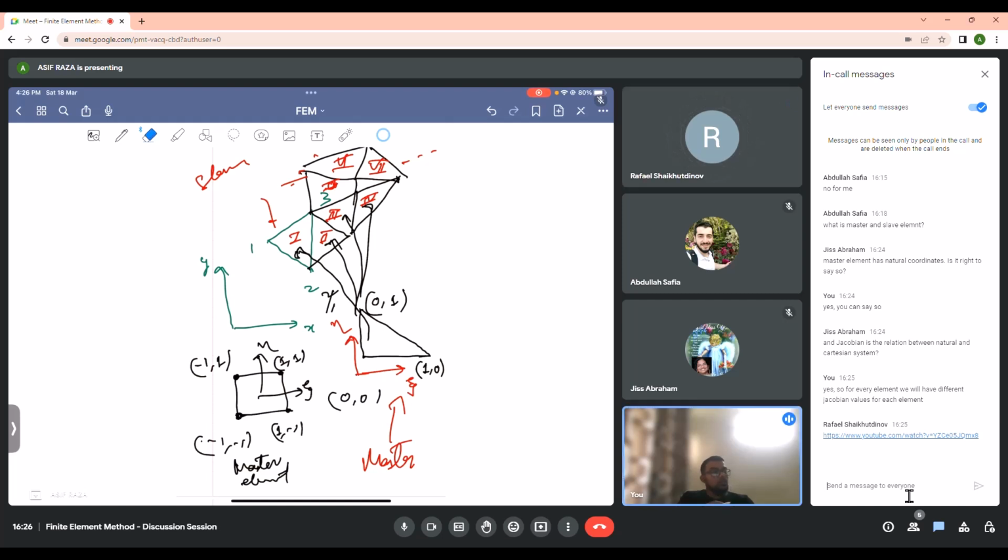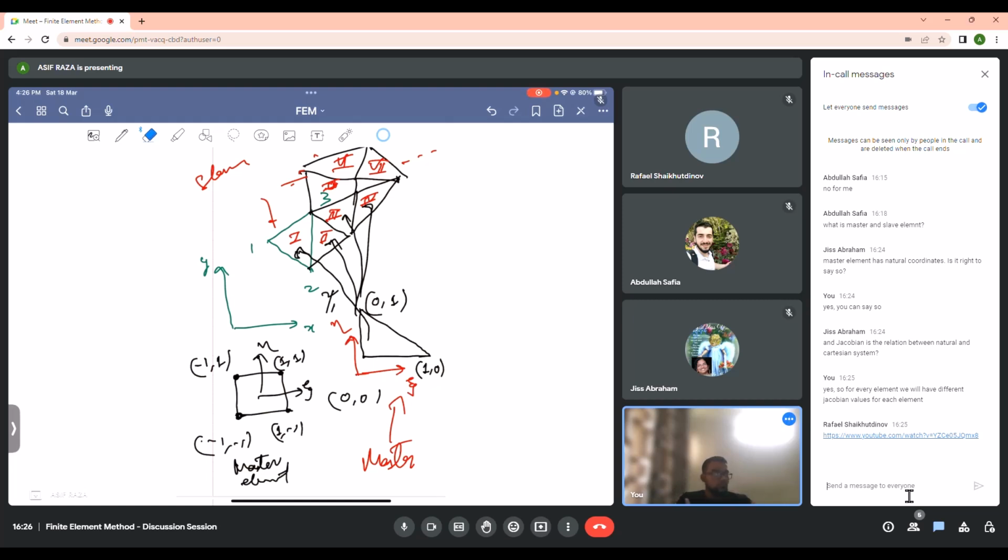Yeah, so the use of the master element is that the integration can be done quite easily. If you see, xi will vary from 0 to 1 and eta will vary from 0 to 1. And when we use the numerical integration scheme or quadrature rule, it becomes more simplified.